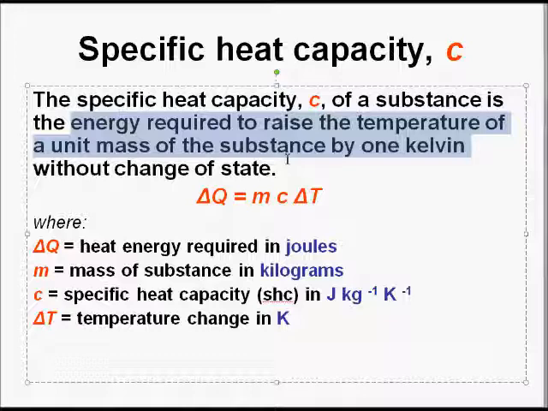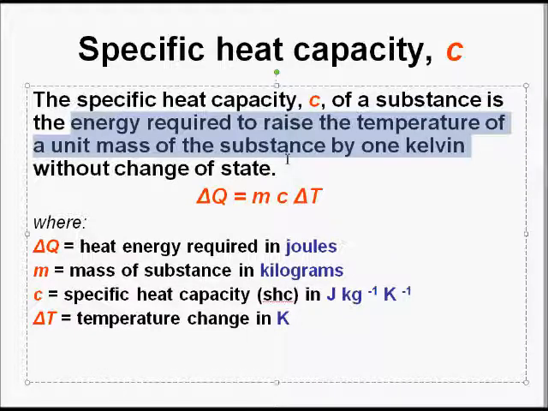This is how much energy do I need to give my copper to make 1 kilogram of that copper increase in temperature by 1 degree Celsius. Or, for iron, how much energy do I need to give to my iron in order to increase 1 kilogram of iron by 1 degree Celsius?